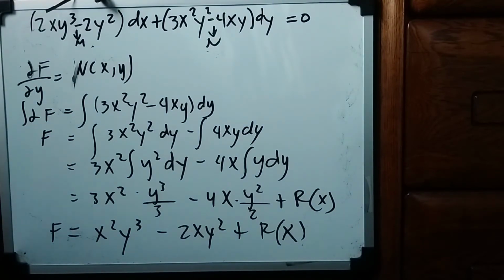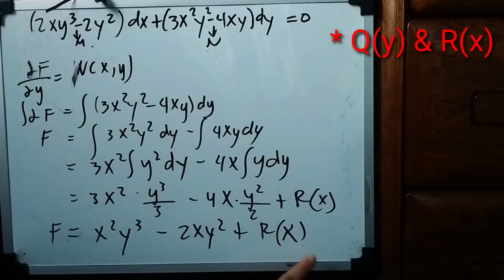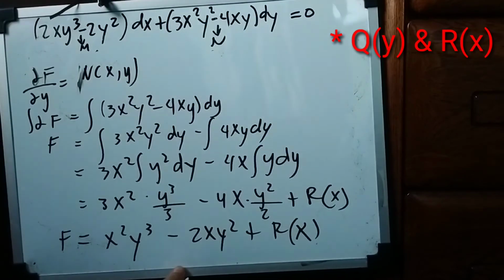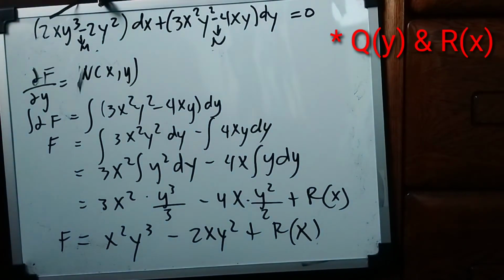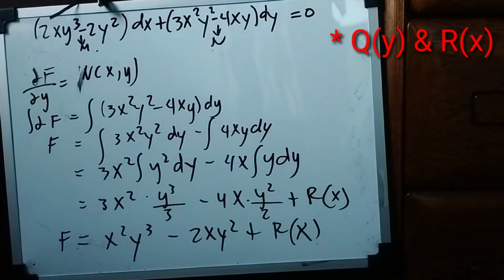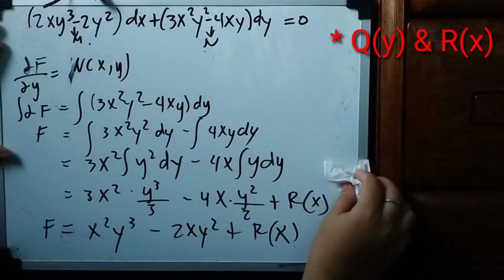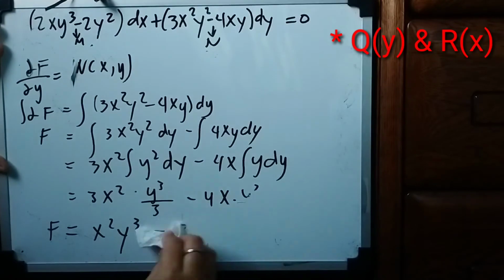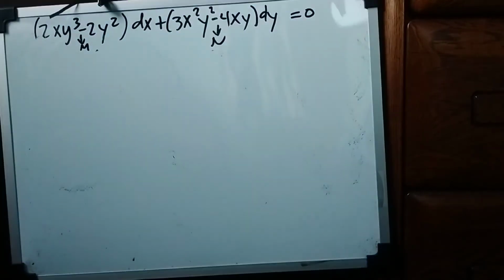And after that, as we all know, we are going to find the value of the function r(x) and the function q(y). So both the f's, which is the f of M and the f of N, we will equate them so that we can get the value of the function r(x) and the value of q(y).